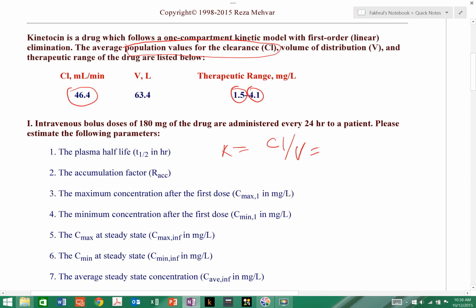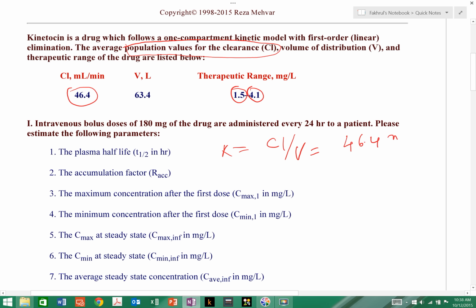So this you need to convert first to liter per hour.